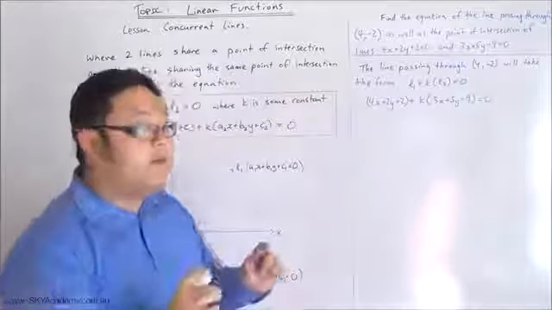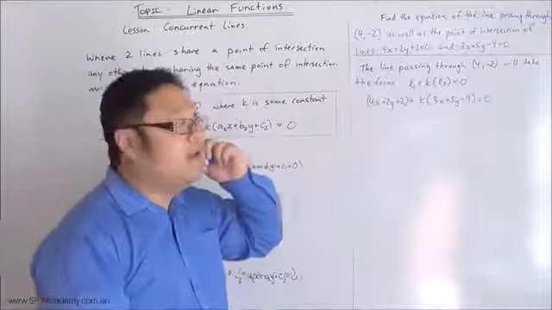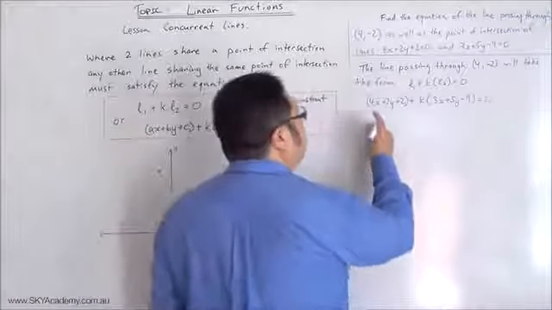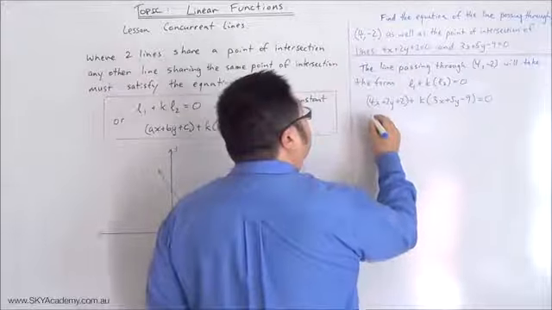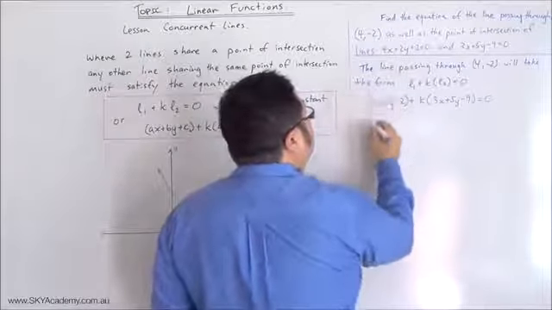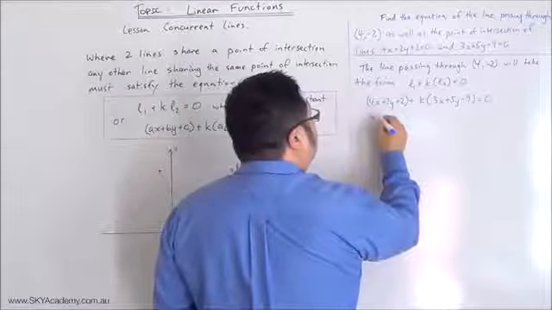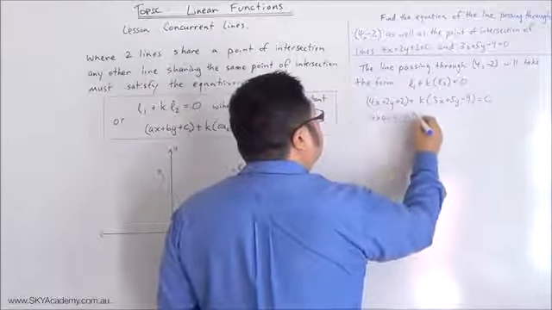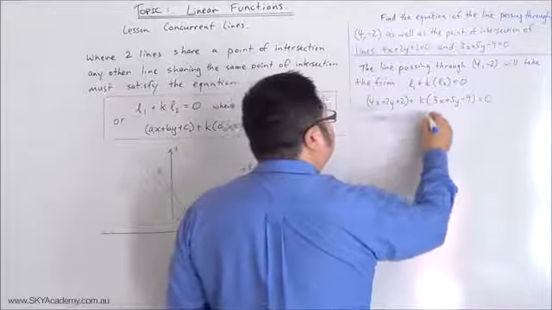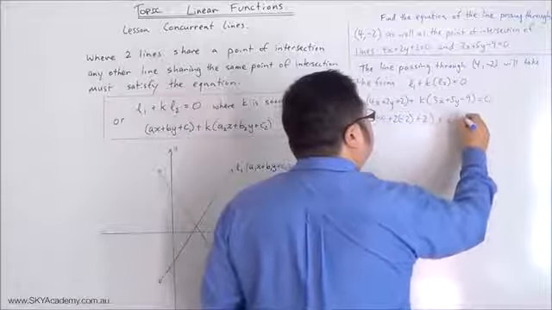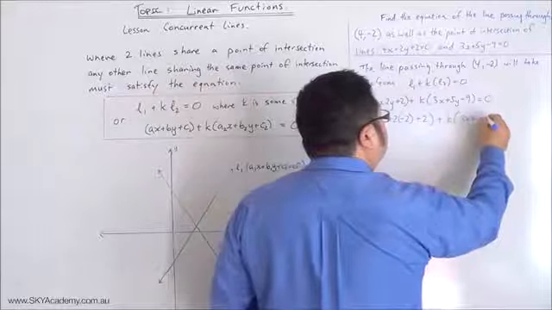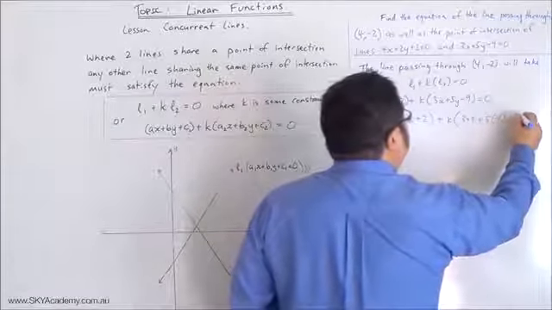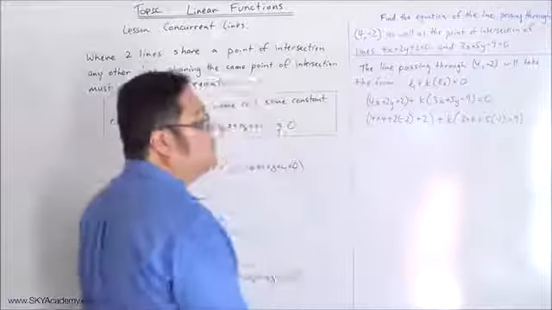So what we've got to find is this value of k, and we do that by substituting (4, -2) in. So 4 lots of 4 plus 2 lots of minus 2 plus 2, plus k lots of 3 times 4 plus 5 lots of negative 2 minus 9 equals 0. Yes?